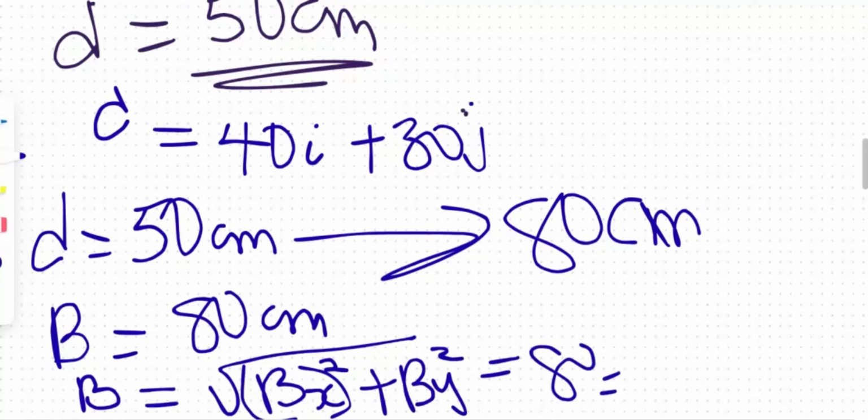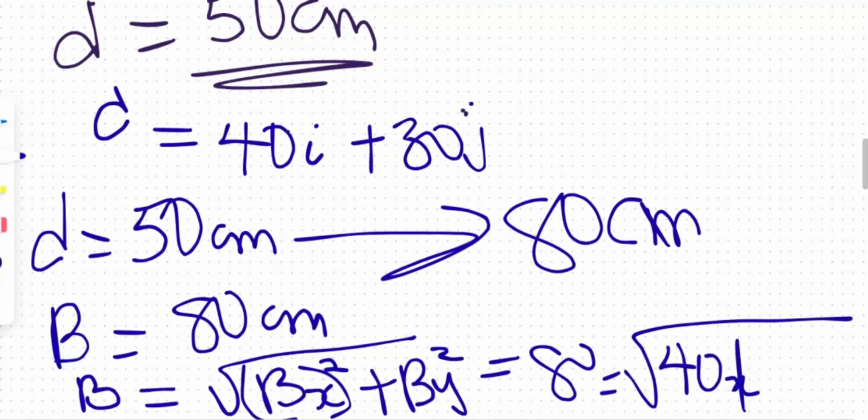And we know that from this vector of d, we have 40 as the x. So 40 for x, plus this y, which doesn't want to go further, so this one will just be what we are looking for, y squared.